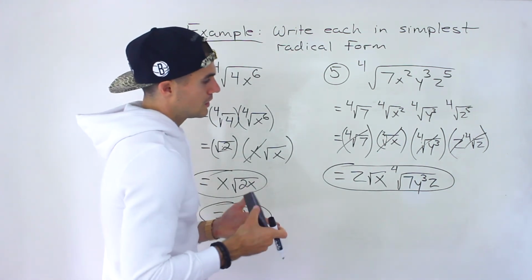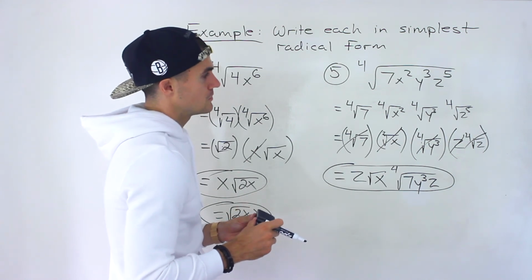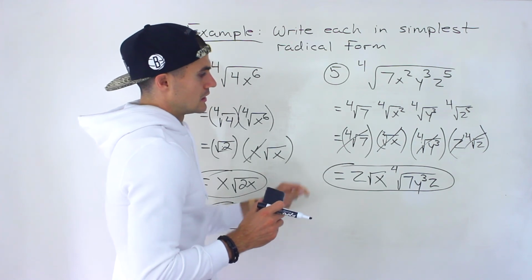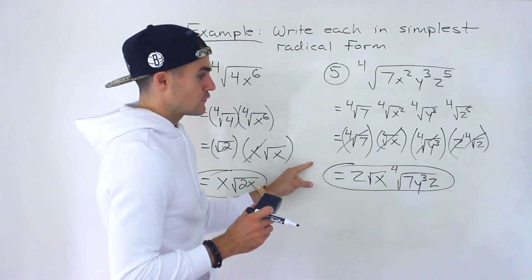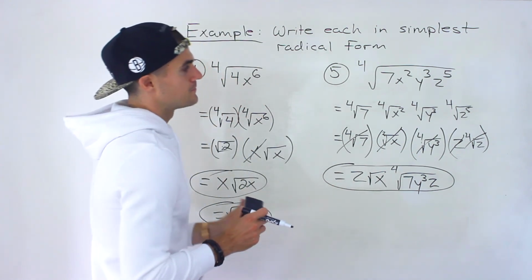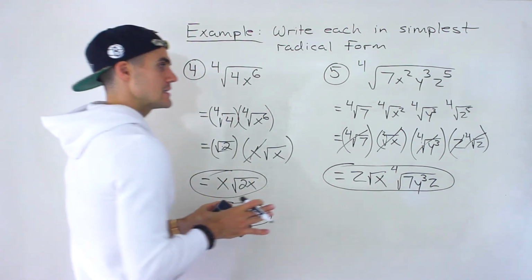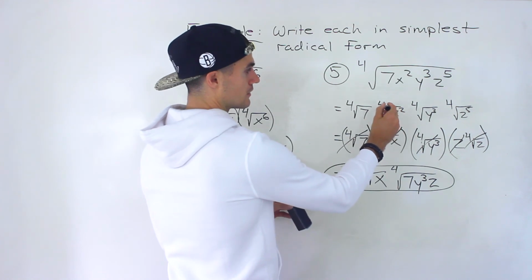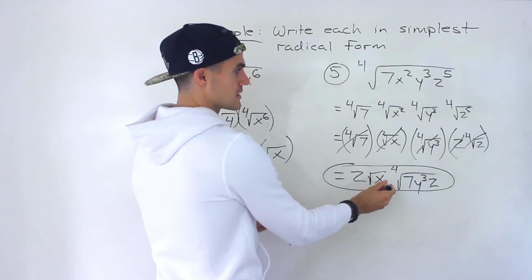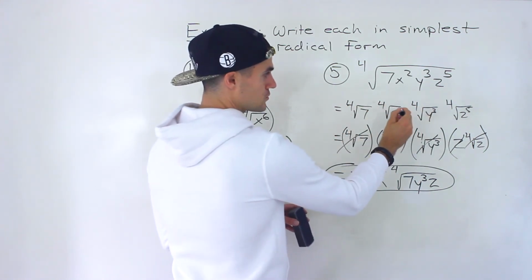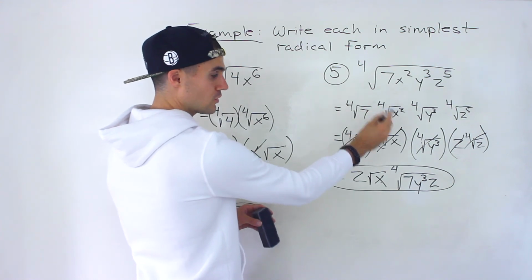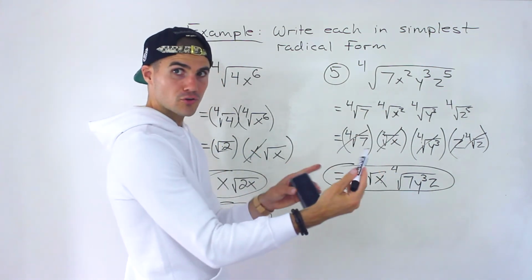Now, a couple of things I want to mention at this point. This can be in different formats, not just in terms of the order, but sometimes you'll see this. Notice how the 4th root of x to the 2, we simplify to the square root of x. But because there's a bunch of 4th roots here, sometimes they'll just keep this x squared under the 4th root, even though that can simplify further, maybe on a multiple choice test.